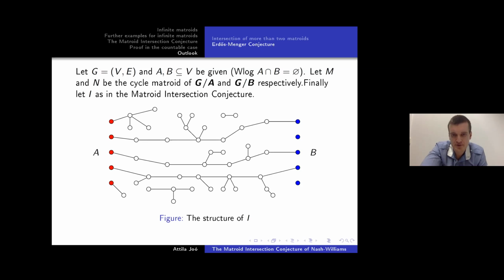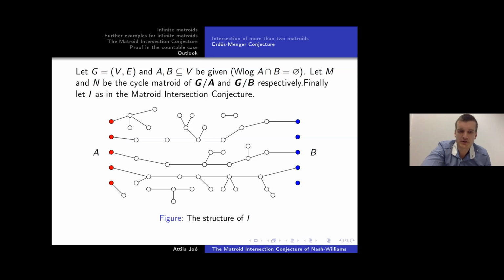In the picture we see this I, this common independent set. What can we know about this I? It must be a forest, first of all, because a cycle would be a circuit in both of the matroids.